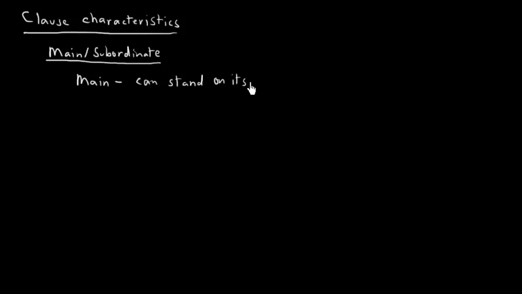So, the first big one is main and subordinate. Okay, so all clauses are either a main clause or a subordinate clause. And this is actually a fairly easy concept. A main clause can stand on its own as a sentence.